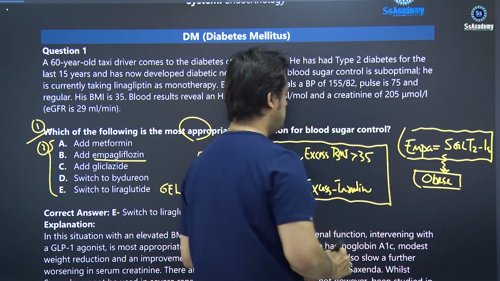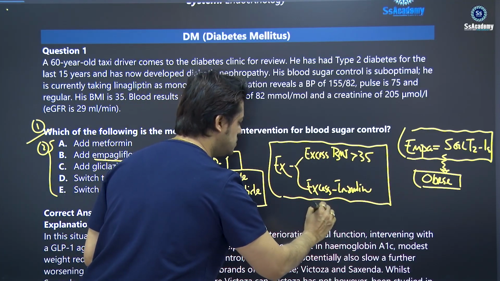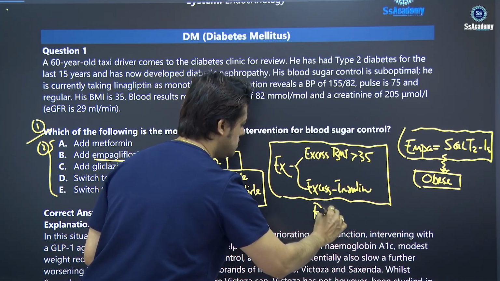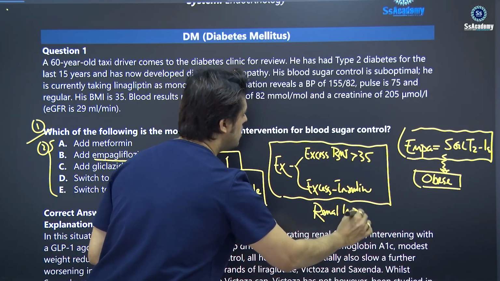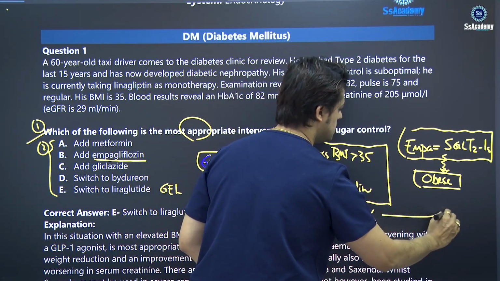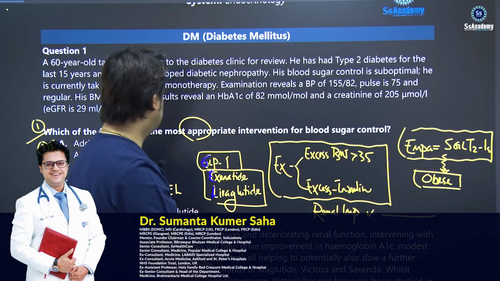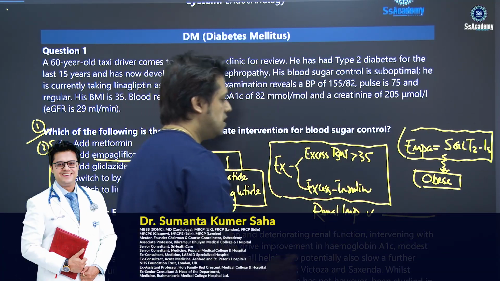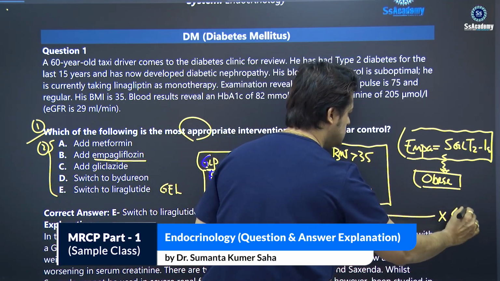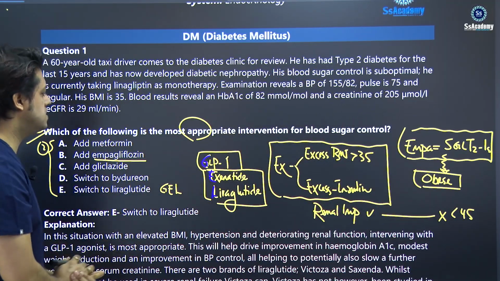But one of the differentiating points between these two is that these drugs can be used in CKD, means the renal impairment. In contrast, these drugs can be used, but are also limited if the EGFR is less than 35, sometimes saying less than 45. So it's not used if EGFR is less than 45. So this is the differentiating point between these two drugs.